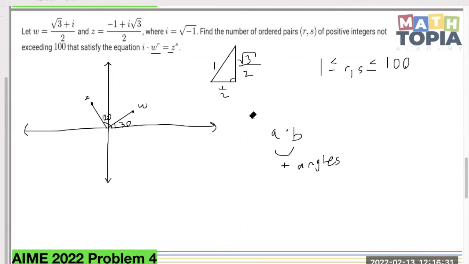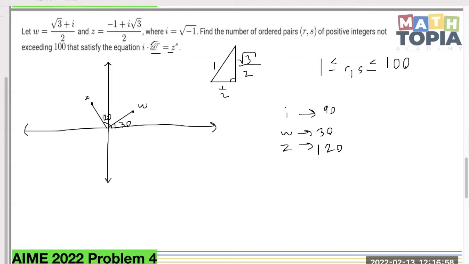Since all the radii we're dealing with in this problem are 1, all we have to think about is their angle measurement. So i represents a degree of 90, like we said, W represents a degree of 30, and Z represents a degree of 120.